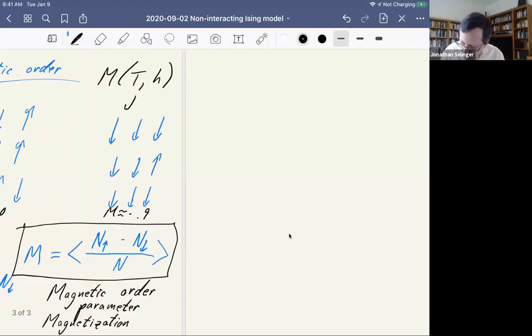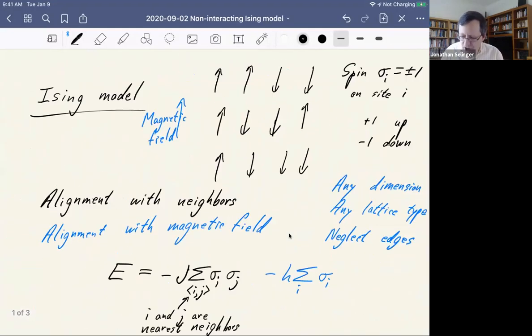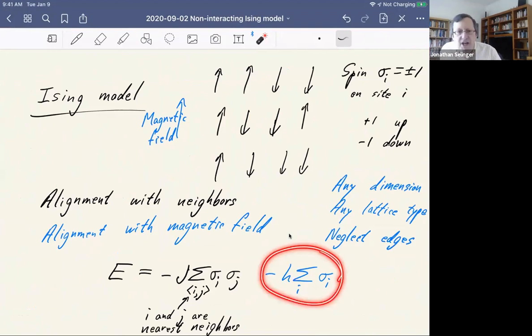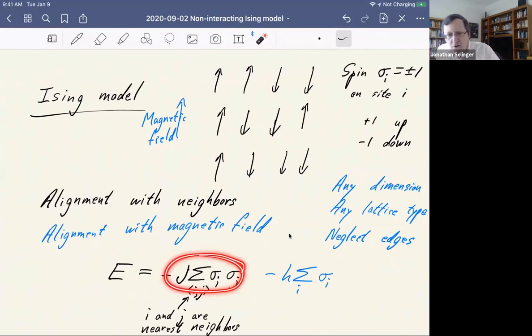Okay, so if we go back to the equation that we have for the energy here, there are two different kinds of terms, right? There's the term here, which just has to do with each site individually interacting with the magnetic field. And there's a term here, which has to do with interactions between neighboring sites.